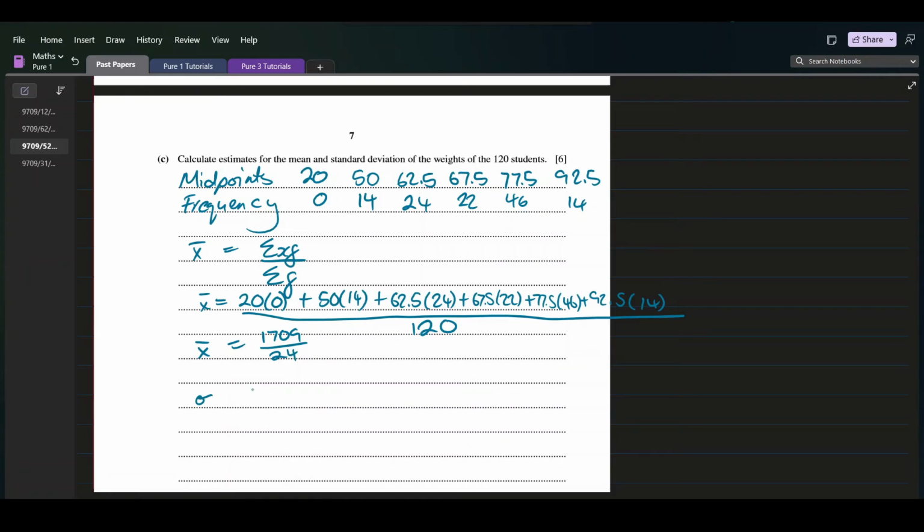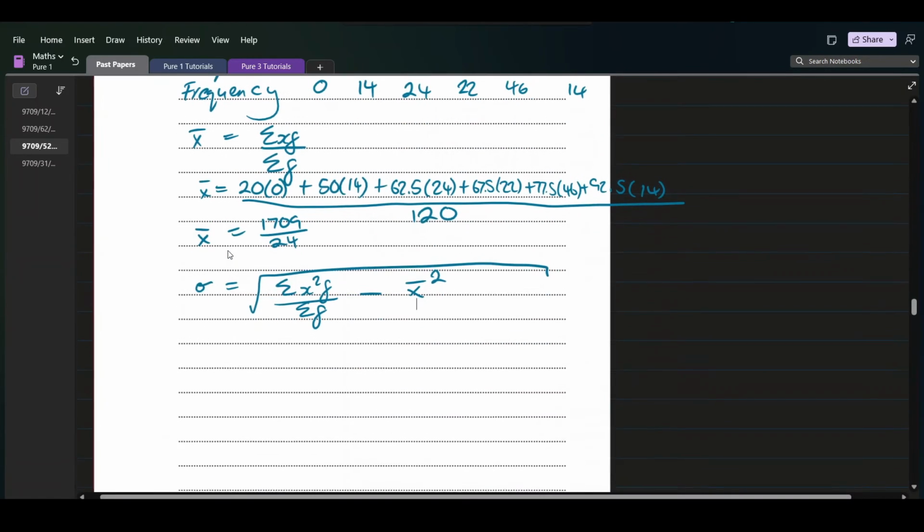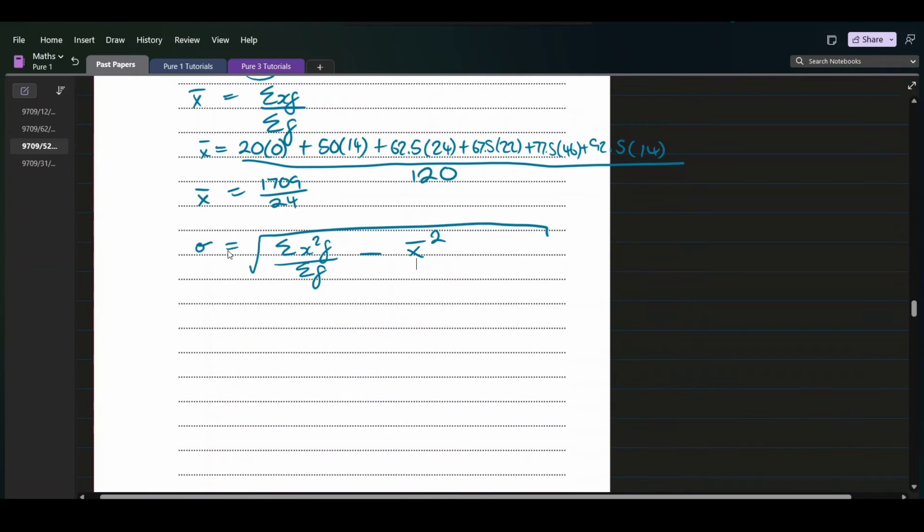Now the formula for standard deviation is the square root of the summation of x squared f over the summation of f, minus our mean x bar squared. So now let's start by finding the summation of x squared f first.